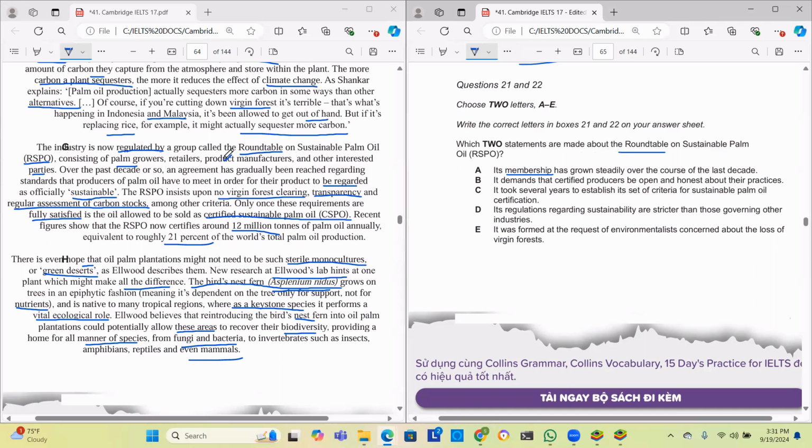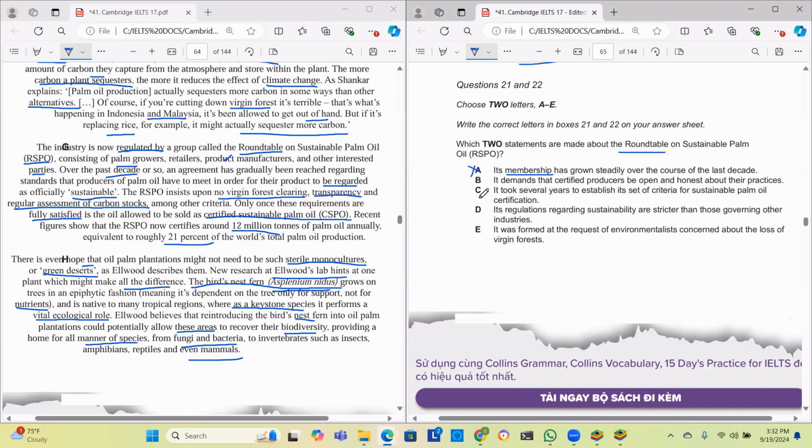The industry is now regulated by a group called RSPO, consisting of growers, retailers, manufacturers, and other parties. Over the past decade or so, an agreement has gradually been reached regarding standards that producers of palm oil have to meet in order for their product to be regarded as sustainable. Now, in this passage, he did not talk about any membership, guys, right? So I don't think A should be one answer.